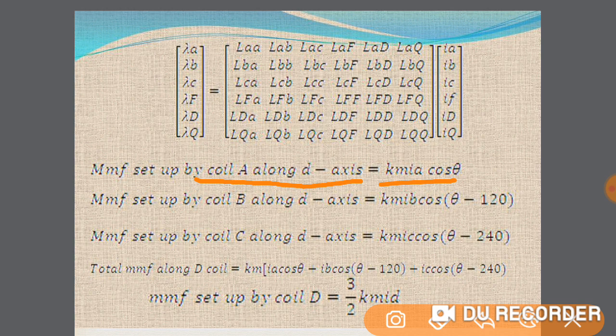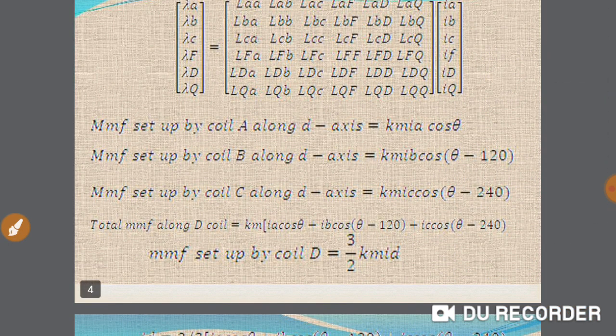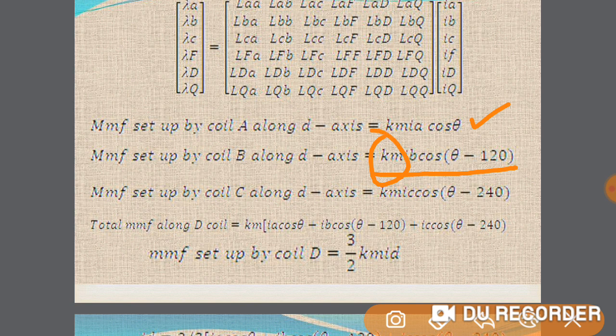So if this expression is for coil A, coil B will be 120 degrees apart from coil A. So if we see in the diagram, A phase and B phase are 120 degrees apart from each other. So obviously theta will now become theta minus 120. The only change in this expression from the previous one is that Km remains the same, I becomes Ib since it is coil B, and cos theta will become cos theta minus 120.